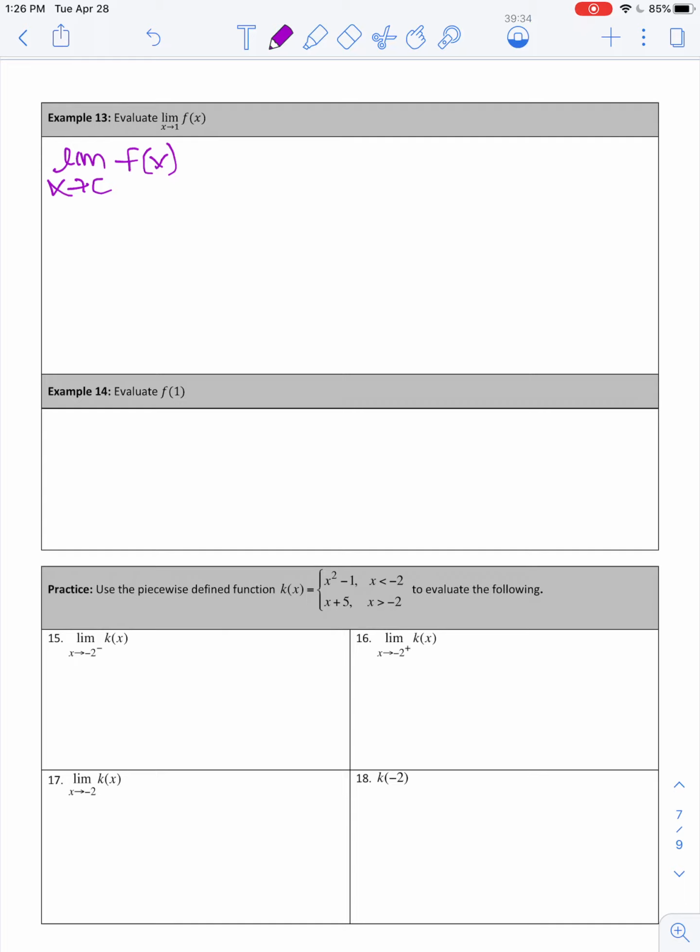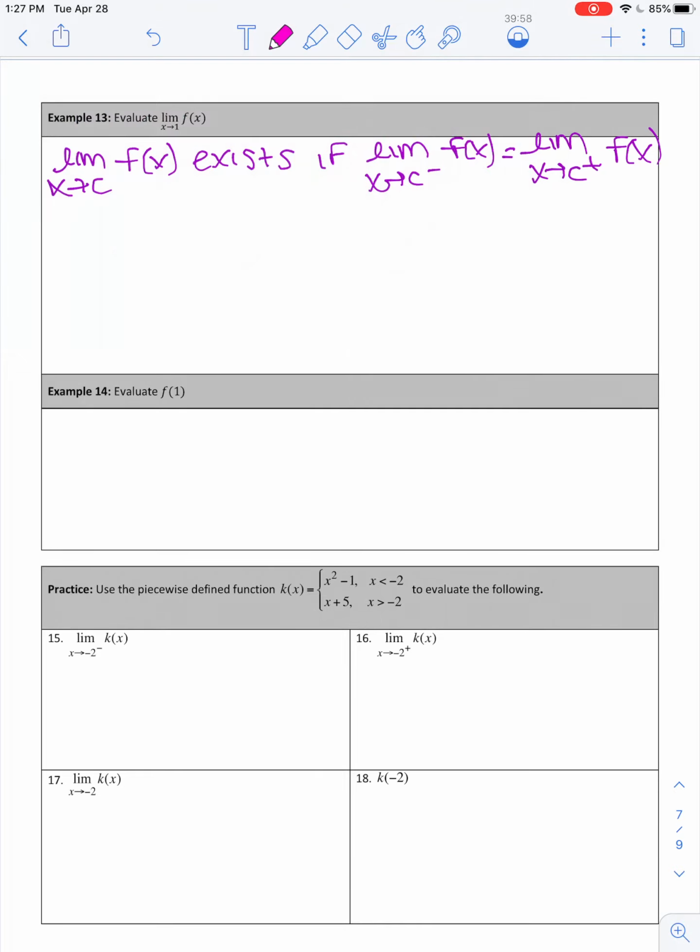So the limit as x approaches c of f of x is equal to some value L, or exists, if the limit as x approaches c from the left of f of x is equal to the limit as x approaches c from the right of f of x.